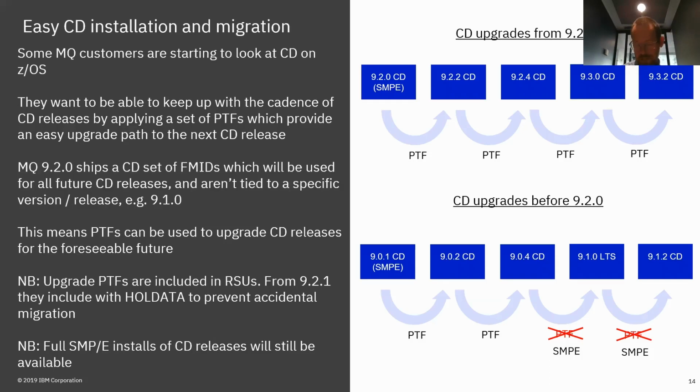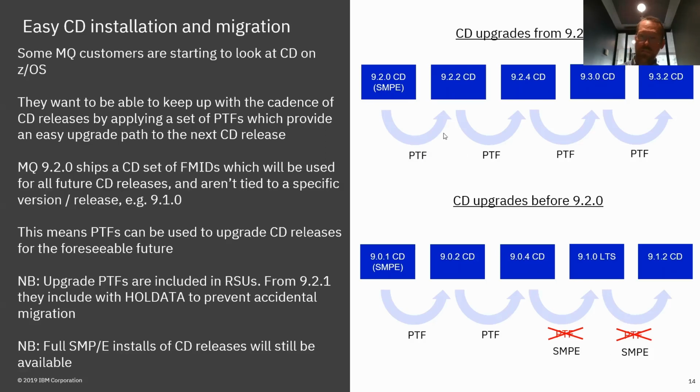What used to be the case is that those PTF upgrades were only possible if you were going from inside an LTS boundary. So if we look down the bottom, if you go from 9.0.1 CD to 9.0.2 CD to 9.0.4 CD, that could be done via PTF. But once you were going from 9.0.4 to 9.1 LTS, or 9.0.4 to 9.1.2 CD, those had to be done via SMP installs. And that was a bit of an upgrade barrier for some customers.